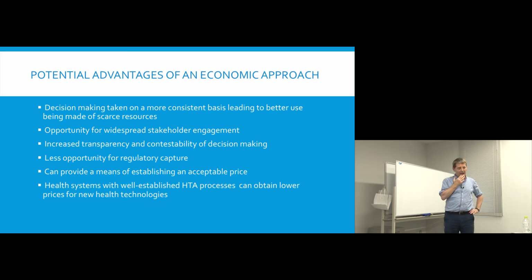And so the expectation is by using this economic information, you will end up with better decisions in the sense that from our limited resources, we get more benefit. That's the belief. Of course, what I've just been talking about, the idea that cost effectiveness thresholds and budgets are out of line, is just the reverse. We're not getting better use of resources, if that's true.